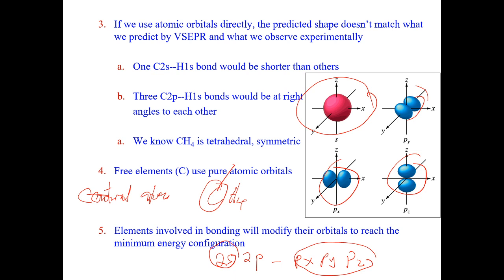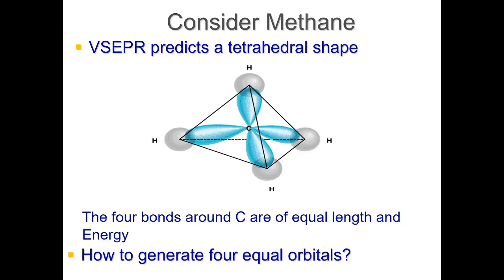So now, how do we use these orbitals to form hybrid orbitals? One thing you should note is that you have one s, and the p's are basically three. So if you combine 1 plus 3, it will give you 4 orbitals.